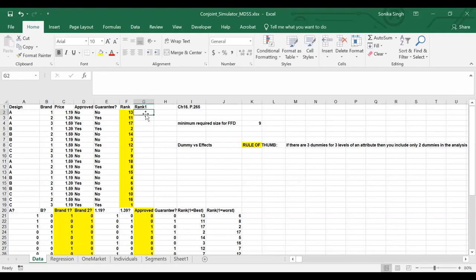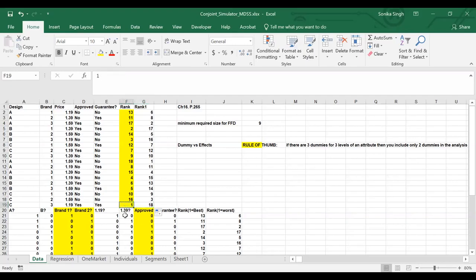To convert that, we take the total number of designs, which is 18. So 18 plus 1 minus the rank that the consumer has assigned. That converts to 6. You do the same exercise for all of these, and you will notice that now 1 has been converted to 18.